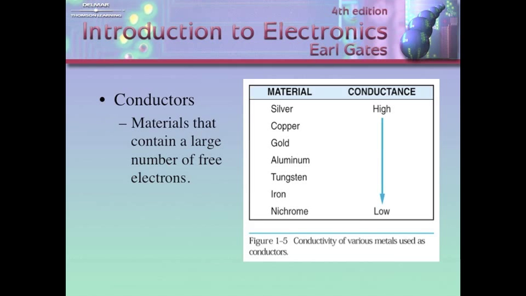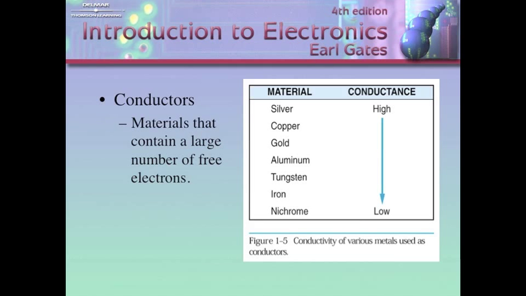But there's also an easier way that I want you to remember it. A conductor is any element that has 3 or fewer electrons in the valence shell. Does that make sense to you?